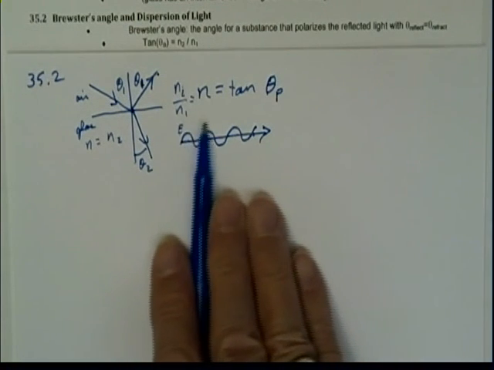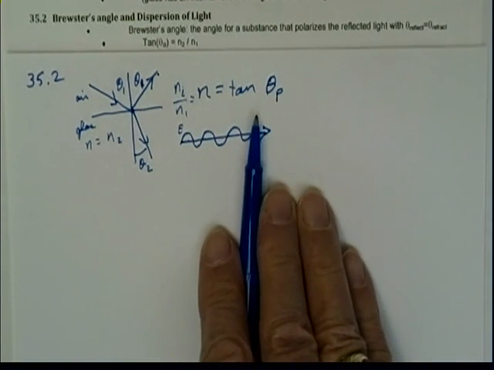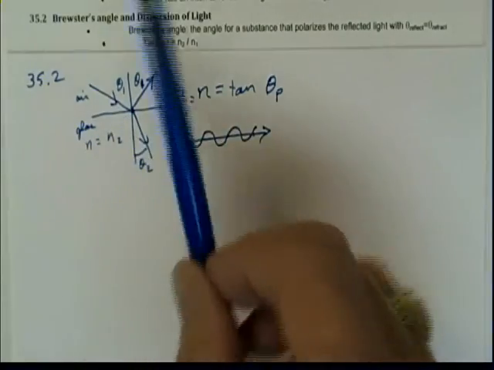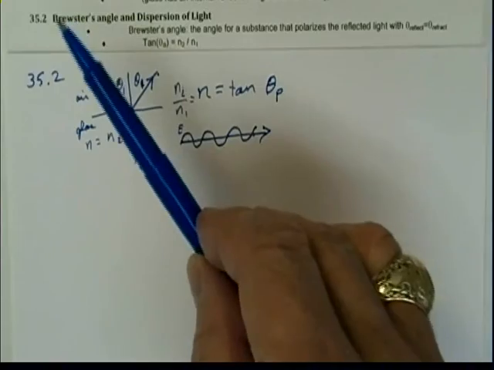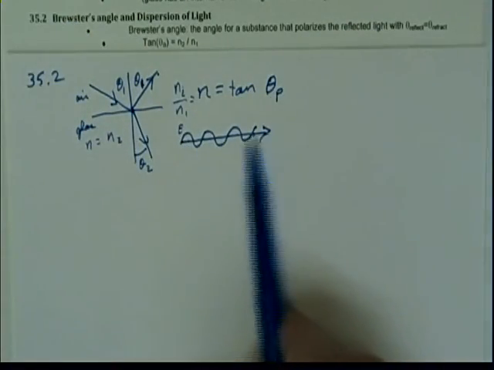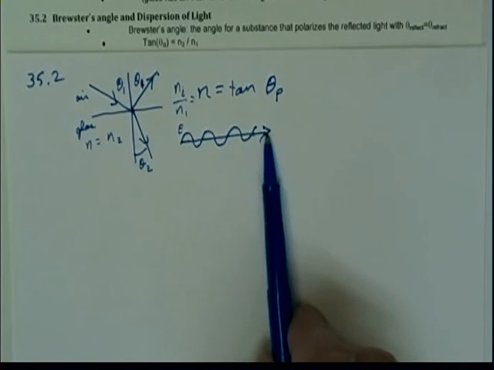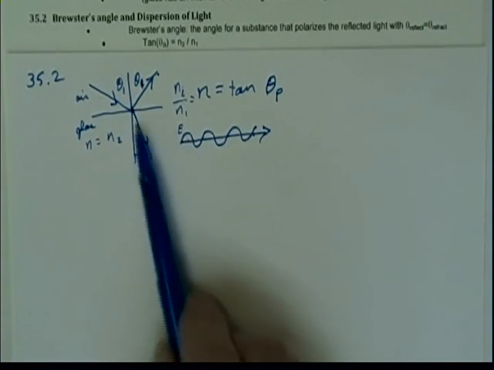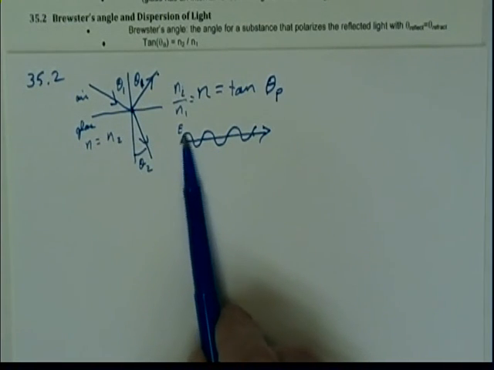It means that all the electric field is going up and down. Normally, if I look at this on end, some of the electric field will be going up and down, some at this angle, some at this angle. It's going to be at all different angles because the light is totally mixed. It's only when it goes through a Polaroid filter or is polarized in some other way, like with reflection, that this occurs.